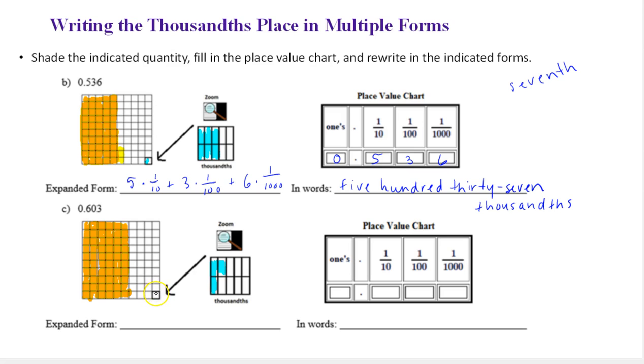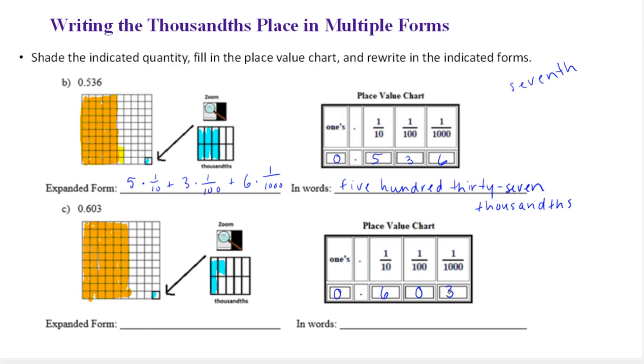So 6 and just a little piece here. Okay. So in our place value chart, this one has 0 ones, 6/10, 6 columns, no single squares, so 0 hundredths, and 3 thousandths.